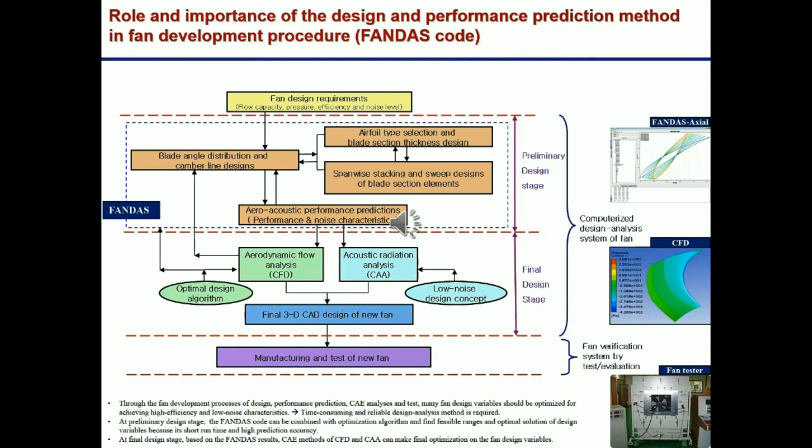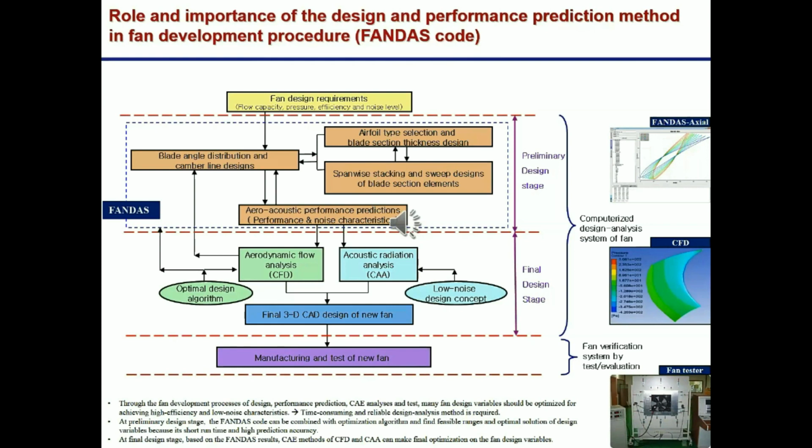Next, CFD method can be also used to verify the flow and the performance characteristics and to make a design revision of the fan. Recently, an optimization algorithm has been combined with the design or the CFD code to optimize fan design.